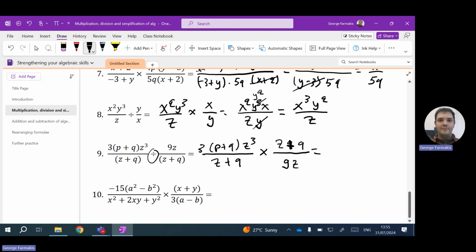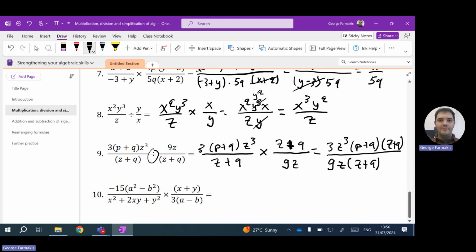Okay, let's write the multiplication. So we have 3, I will write z to the power of 3, p plus q times z plus q over. I will write this as 9z times z plus q.